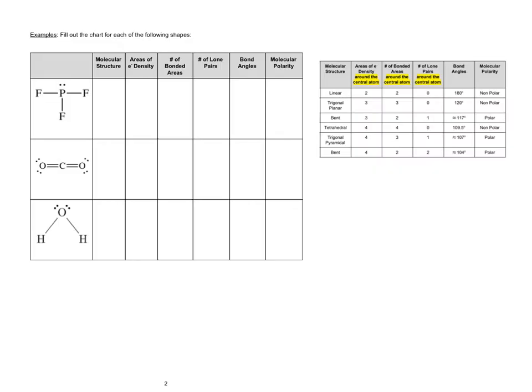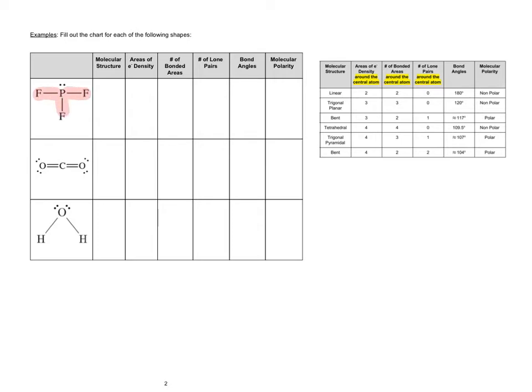Let's go look at some examples. We're going to look at each of these molecules here on the left side of the screen, and figure out exactly what shape these things are. We do that by counting the number of bonds and the number of lone pairs. The number of bonds on this first one is 1, 2, 3 bonds.